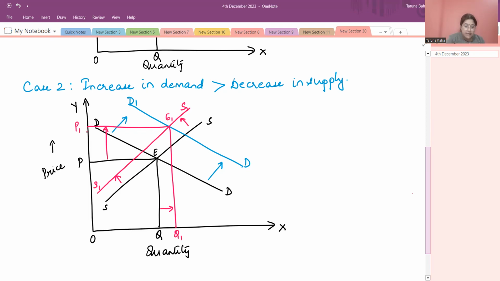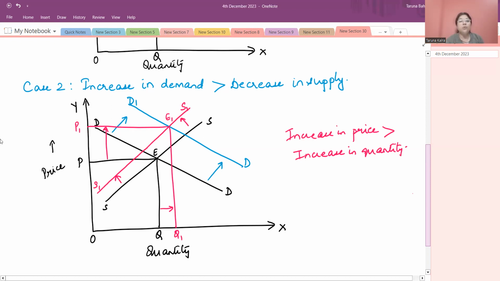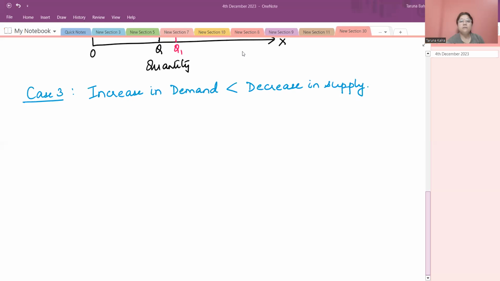So if the increase in demand is greater than the decrease in supply, both price and quantity will increase, but price will increase more as compared to the increase in quantity. I hope that this case is also clear to everyone.